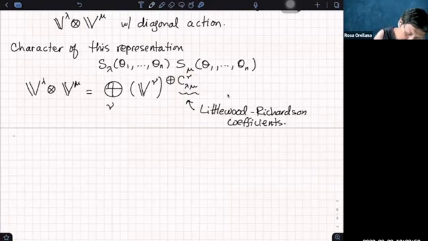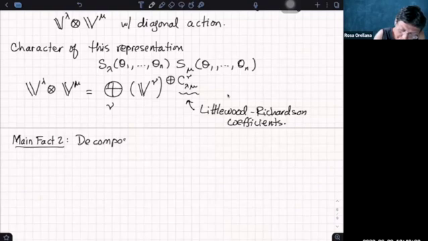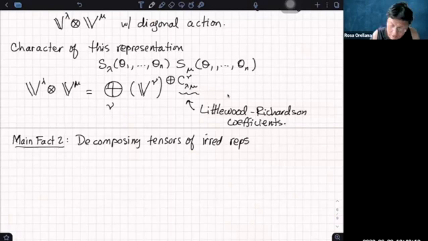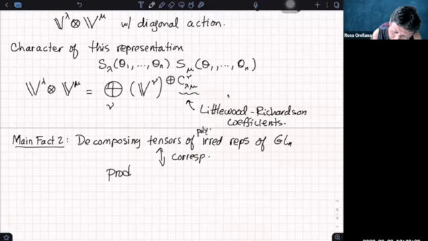So the main fact two that I want to record is that decomposing tensors of irreducible, well, polynomial representations of GLN corresponds to products of Schur functions.